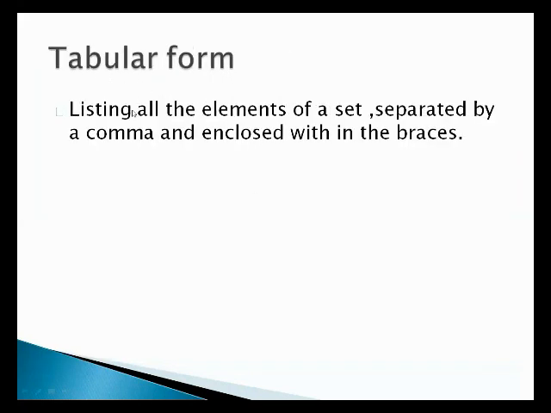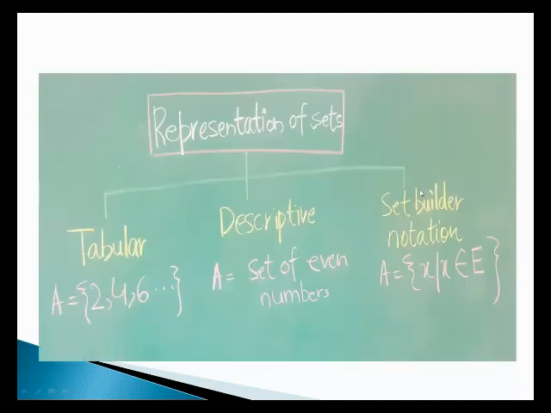Next is tabular form: listing all the elements of a set separated by commas and enclosed within braces. In this example you have seen that all elements are listed and separated by commas. So when you see elements separated by commas, understand that you have tabular form.